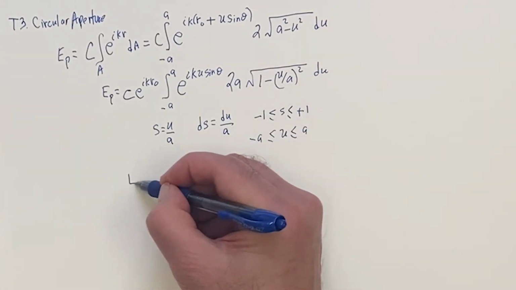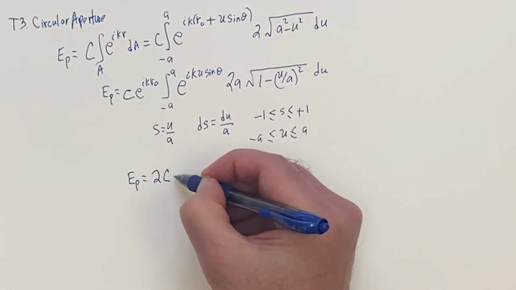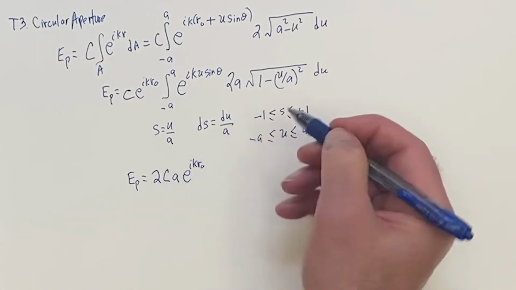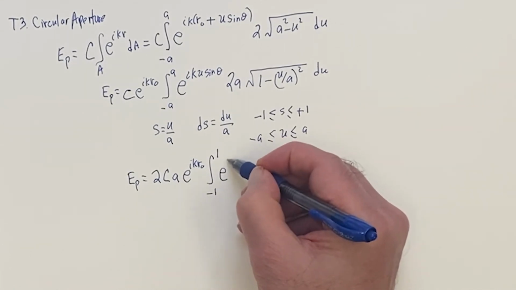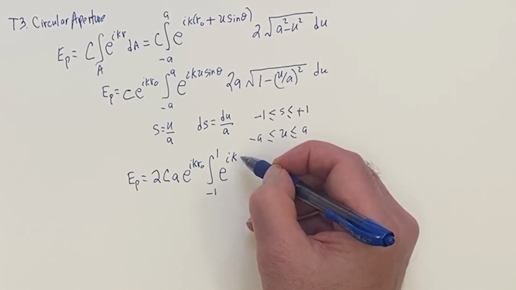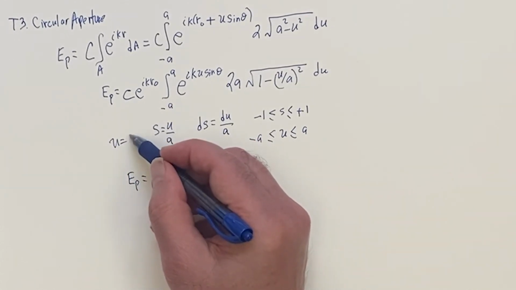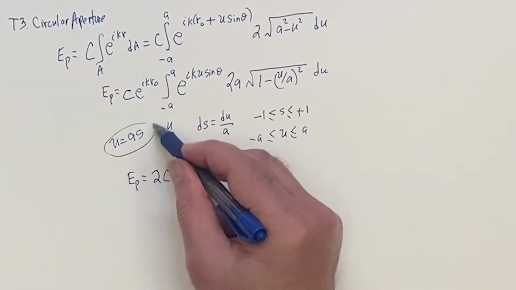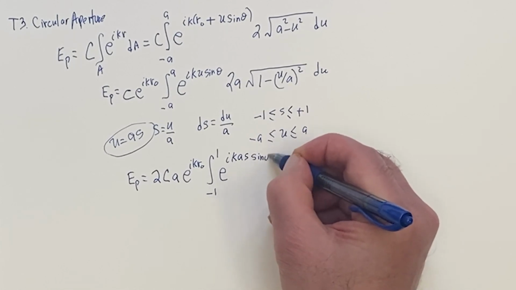So if we do that, for the point, we get 2CA e to the i k r naught, and then we're going to integrate from -1 to 1, e to the i k, and then here, what is u? Well, u is A times S. So this u is A times S, and there's a sine up there also.